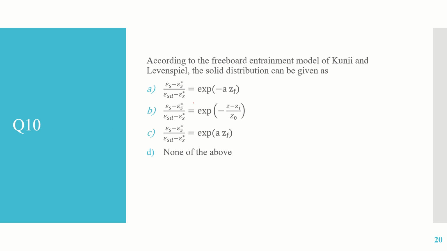Actually, in this we can eliminate one option, which is option B, because we have seen it as Lee and Quack. So according to the freeboard entrainment model of Cooney and Levenspiel, solid distribution can be given by using either option A or option C in most cases, option D in very lesser cases, because we know the answer.